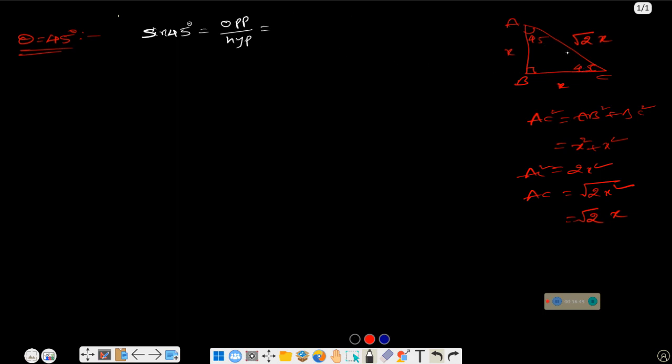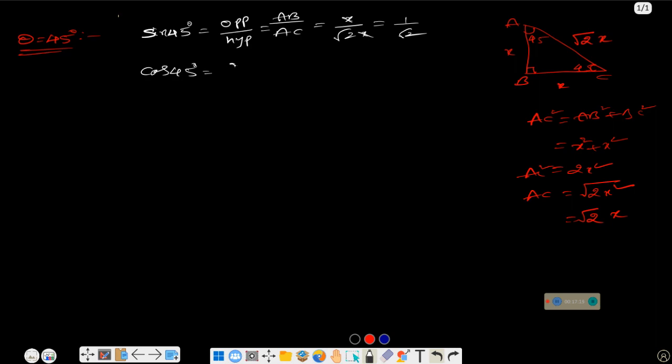Both are equal angles, the sides opposite equal angles are also equal, because AB and BC both are equal. So opposite side means AB and hypotenuse AC. What is the AB value? X by root 2x. X cancel means how much you get here? 1 by root 2.